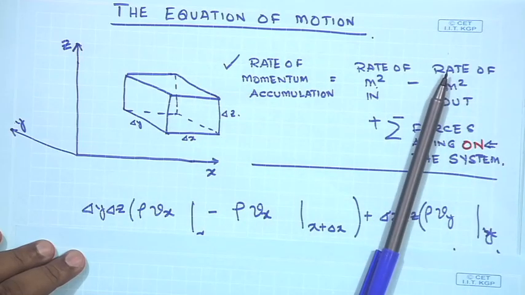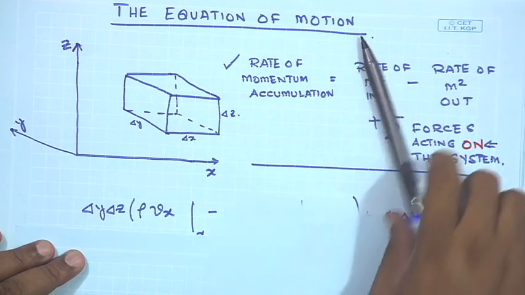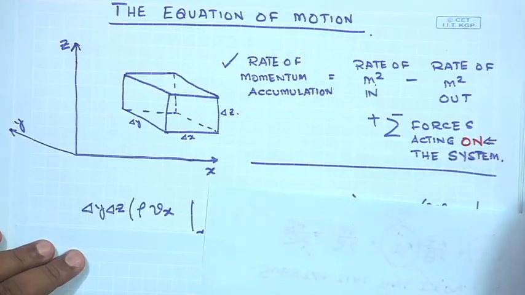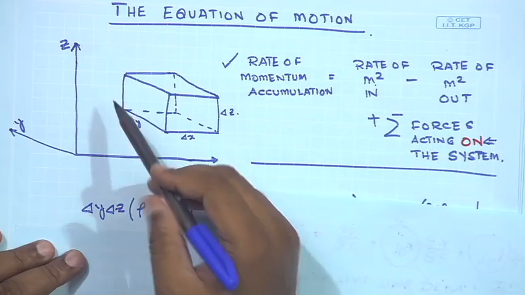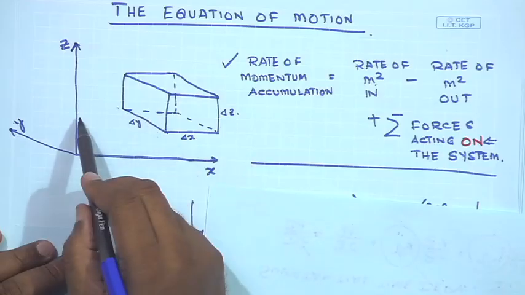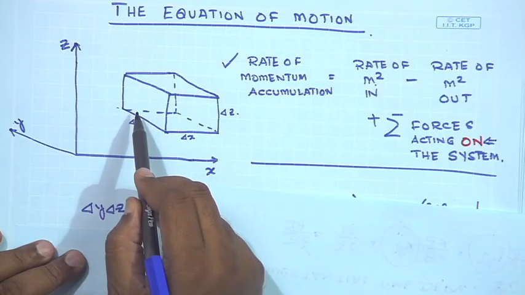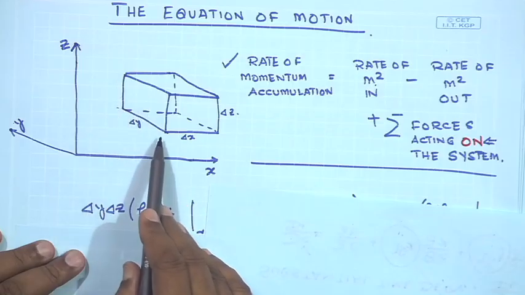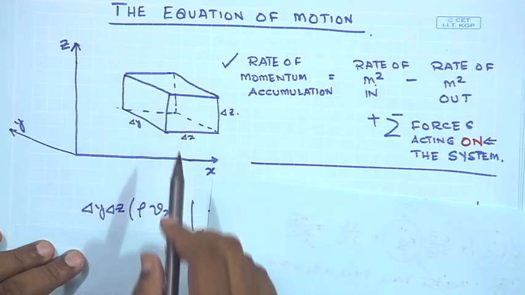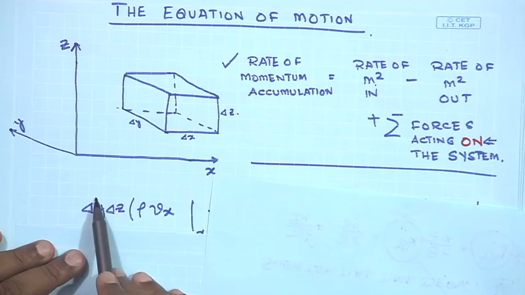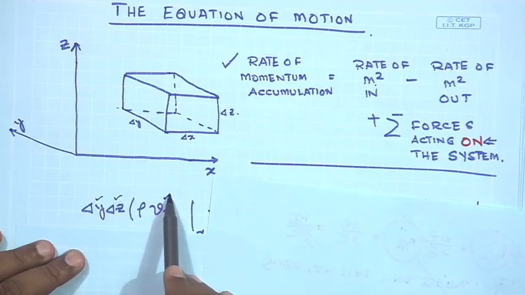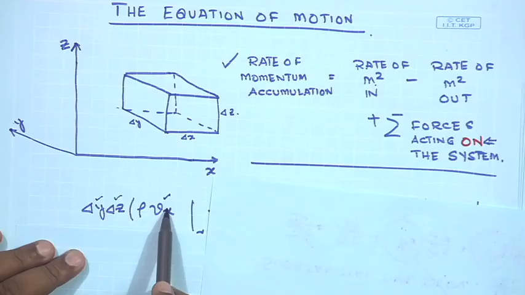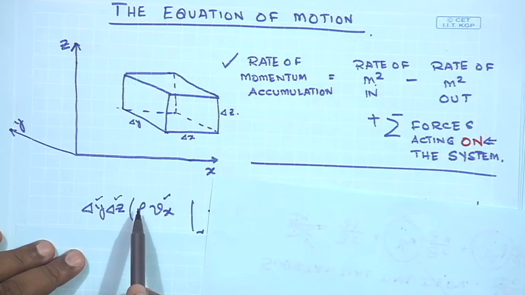If I only look at this part, the face del y del z, and let us assume that the velocity here is Vx. The amount of mass which comes in through this face must be equal to del y del z Vx, meter square times meter per second, meter cube per second, multiplied with rho, and what you get is kg per second.